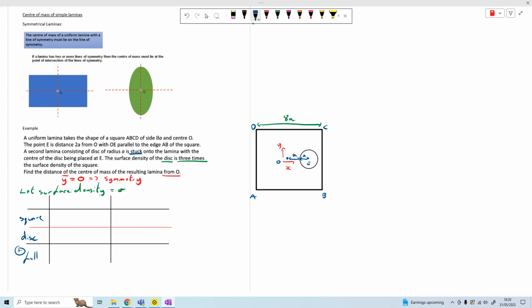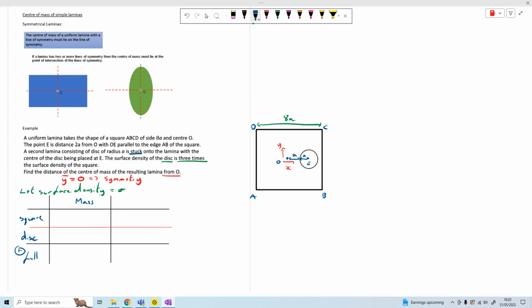I'm going to work this using the idea that I talked about last time: the moments for my center of mass equal the sum of the moments for the other parts. First, let's do the masses. This is my mass column. The mass for the square is my area times my surface density.